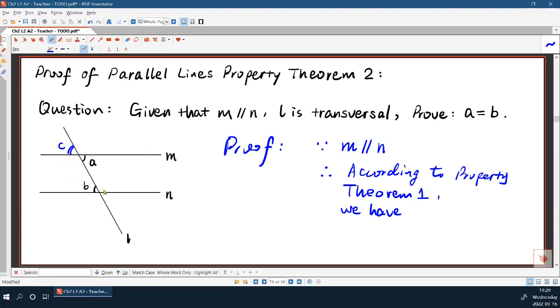If M is parallel to N, the corresponding angles C and B should be congruent. Therefore, we have C equals B, right? And of course, you don't have to write this sentence here. This is only for helping you understand.